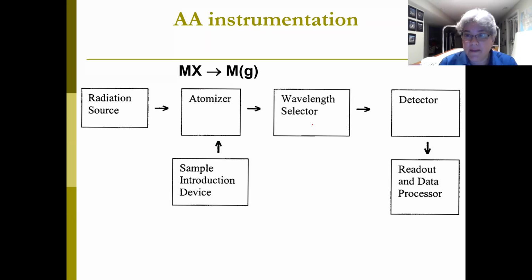We're going to need a wavelength selector, a detector, and then of course the computer device. So the same parts we've seen, but they're going to be a little bit different than we saw in chapter 4. Okay, so let's start with the radiation source.